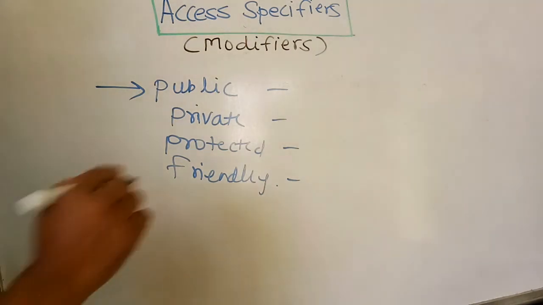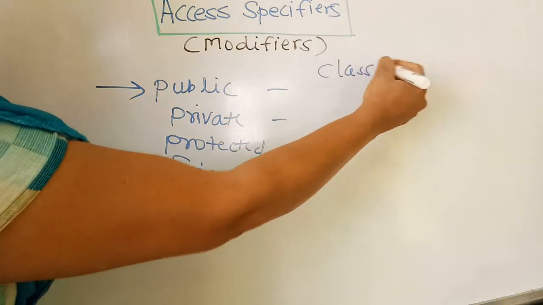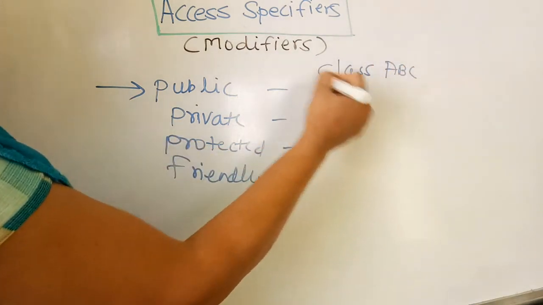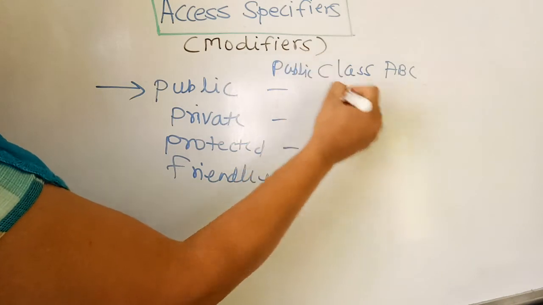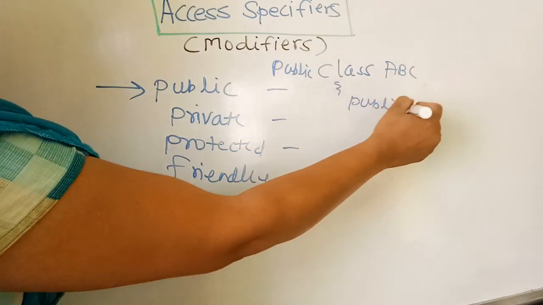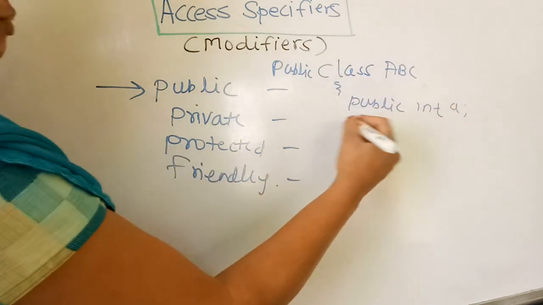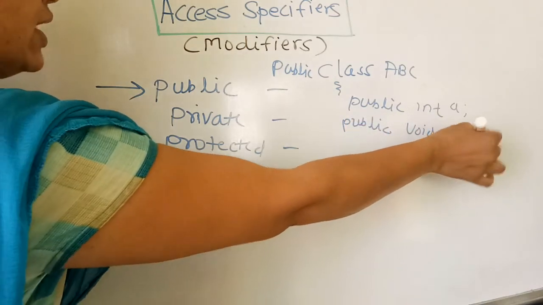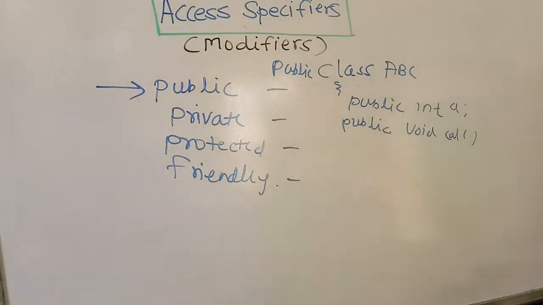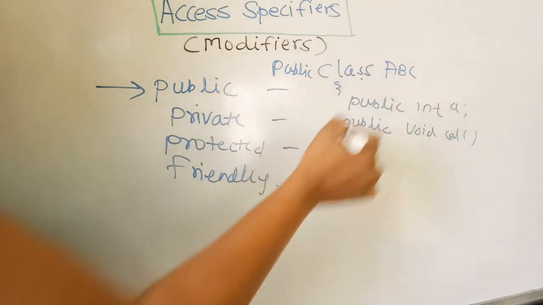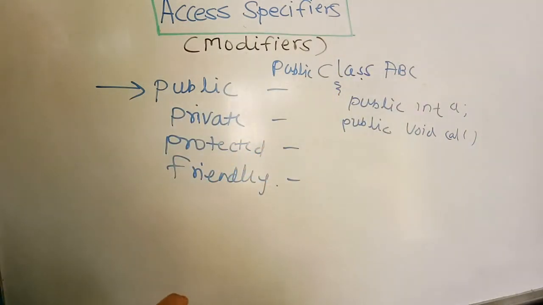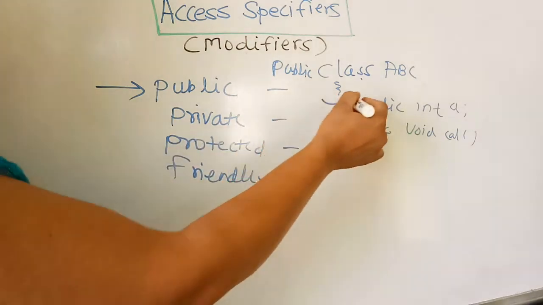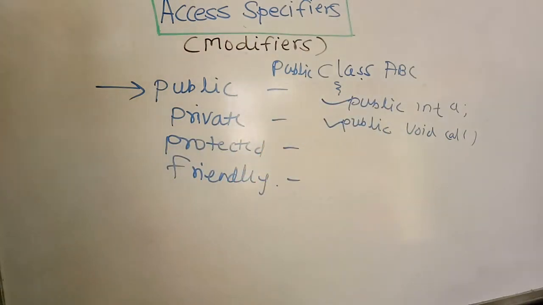Means, for example, one class is there, for example class ABC, and it has specified the whole class as public and methods as public and fields also public, means public integer A, public void calculate, and such methods and data fields are also public, then the class extending this class or using this class can have access to these methods and functions.